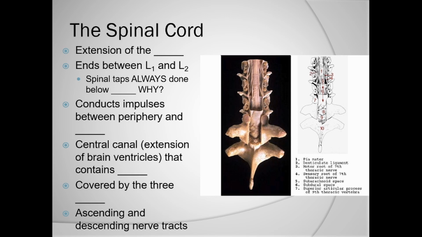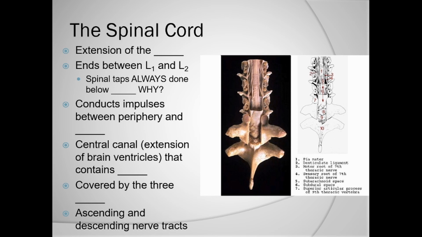It conducts impulses between the periphery and the CNS. So everything on the outside of us, from our arms and our legs and our appendicular part of our bodies, is coming in through the nerves, the peripheral nerves, and then into the spinal cord and heading to the brain. There is a canal called the central canal, which is a long extension of one of the brain ventricles that contains cerebrospinal fluid, or CSF.